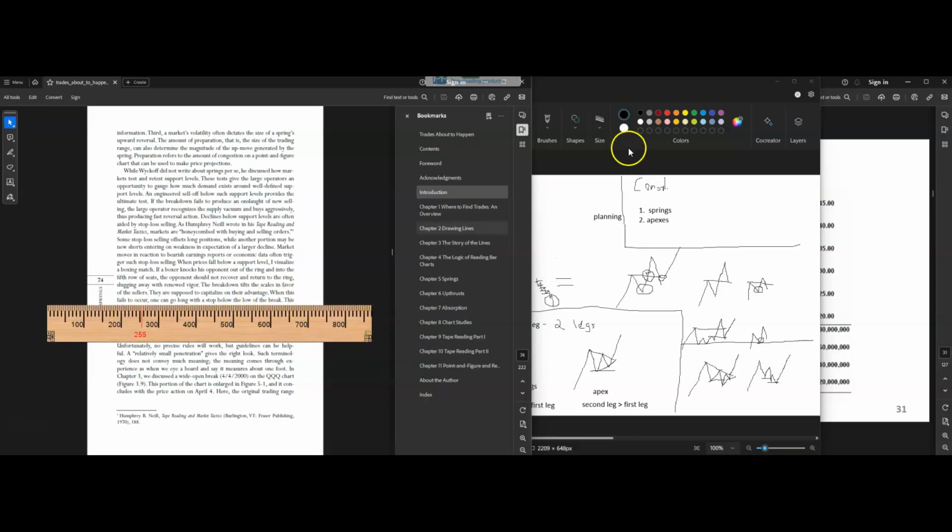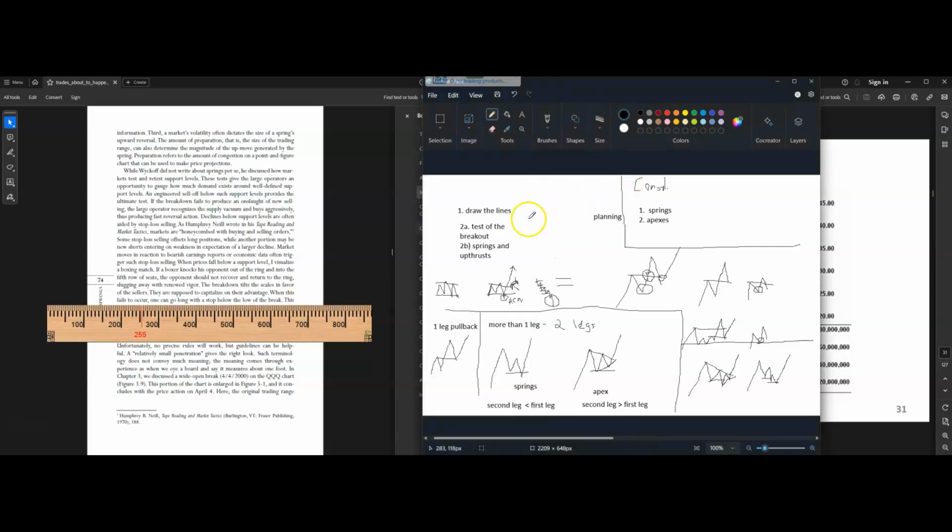What's he saying here? The boxer analogy is just this: the boxer knocks the other boxer out of the ring, out of the range, below the support level. But if the boxer who just got punched can come back with renewed vigor, then chances are it's a spring.